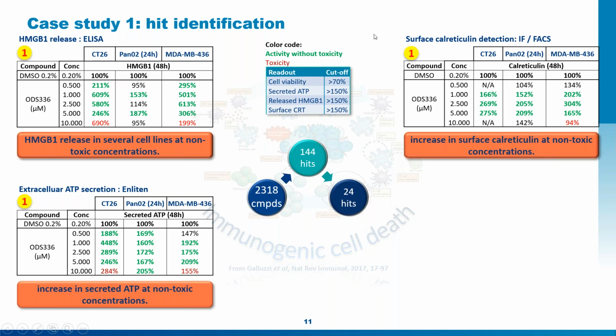And finally, the next step for the cell death part is to monitor cell surface calreticulin expression. And we still have a positive signal from this particular compound among 24 compounds screened for this step.